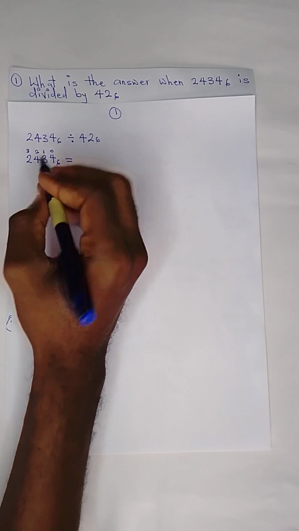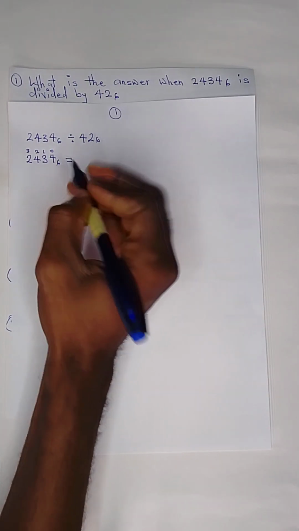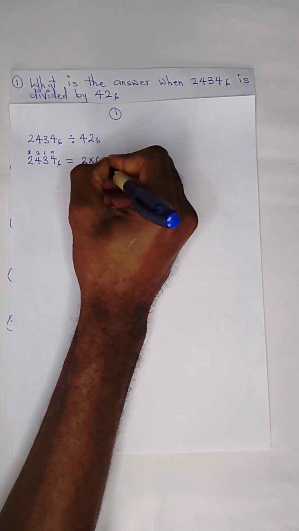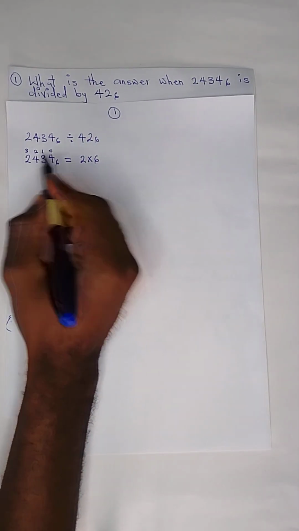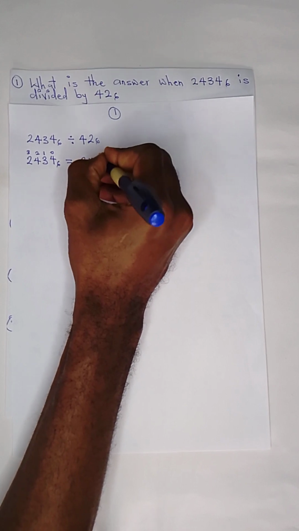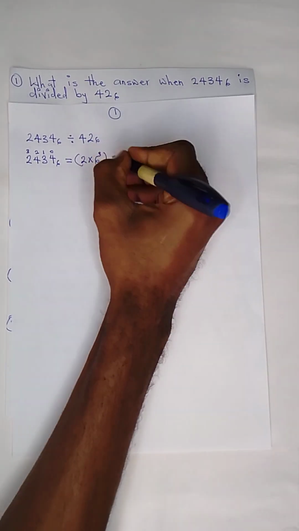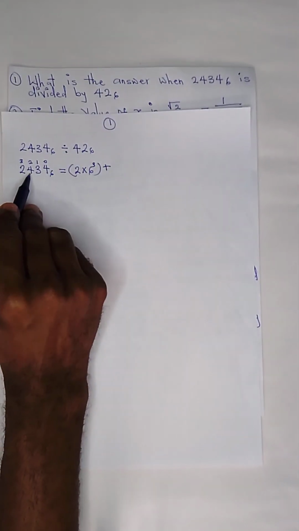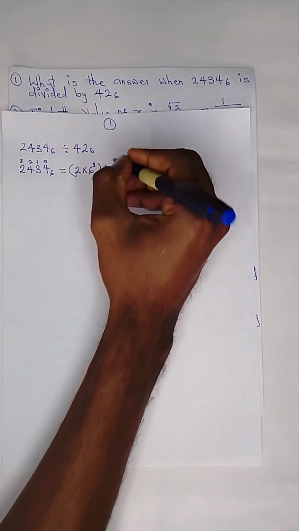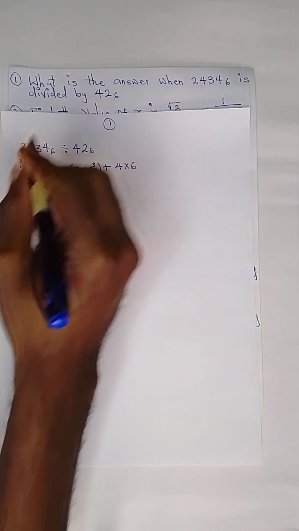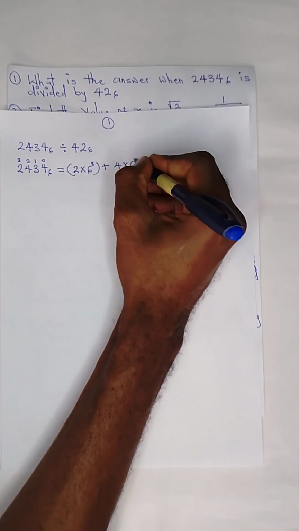So I'm going to say 2 times 6. You know the number is in base 6. Now raise this 6 to the power of this 3 that we have here. So 6 raised to power 3. Then plus 4 times 6 raised to the power of 2.